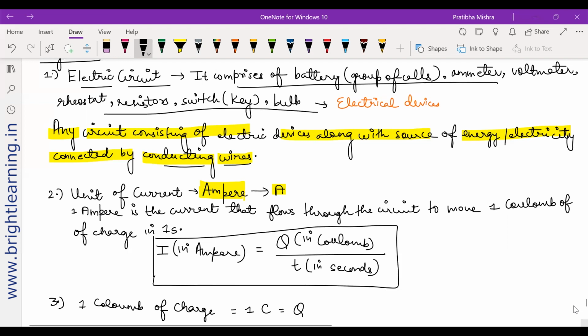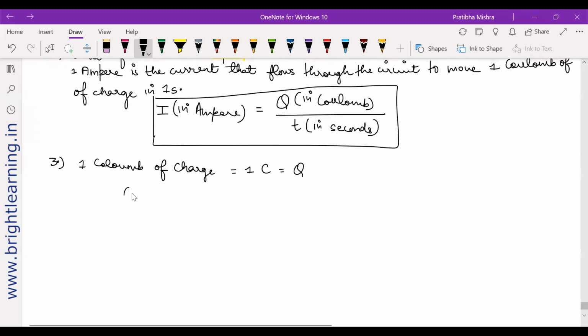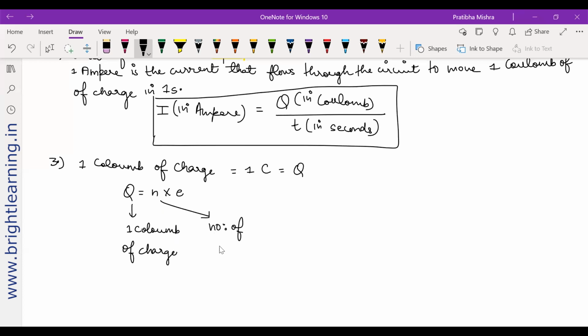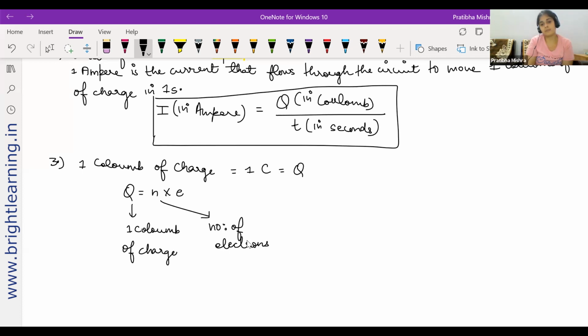We also know the formula Q is equal to N into E, where Q is 1 coulomb of charge, N is the number of electrons, and E is the charge of an electron.